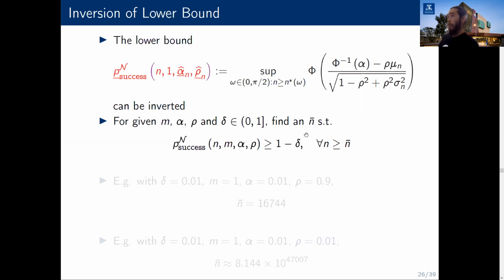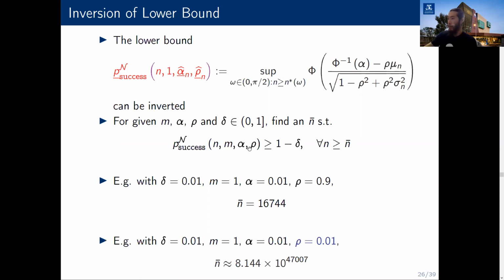We can do this using this form of lower bound. To give an example, say we want a high probability of at least 99%. So this says n bar is around 16,700. If we get our sample size to be at least this big, then the success probability is going to be at least 0.99.